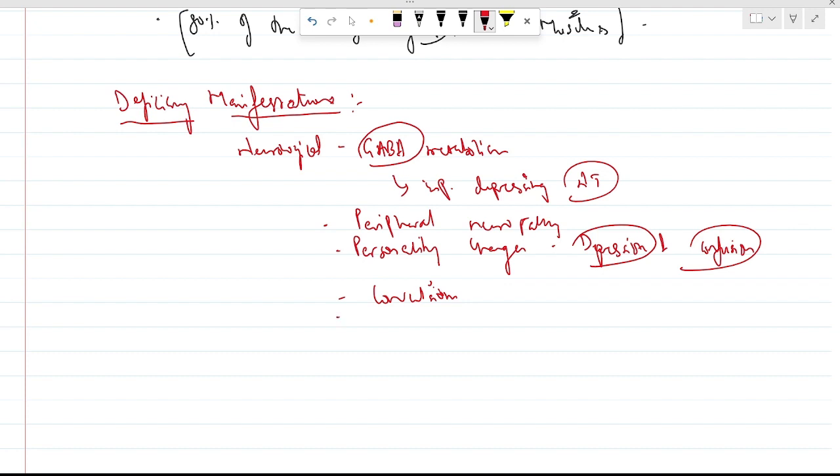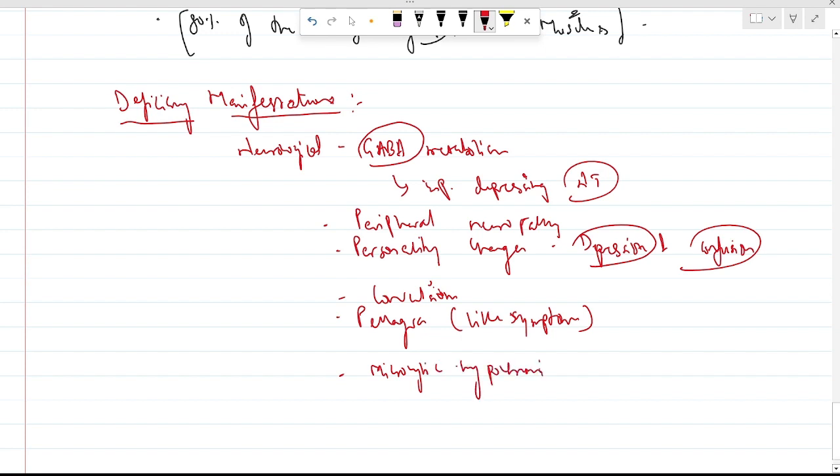Then we see pellagra or pellagra-like symptoms. Then we also see microcytic hypochromic anemia. Neurological findings are due to its GABA metabolism: peripheral neuropathy, confusion and depression, convulsions.